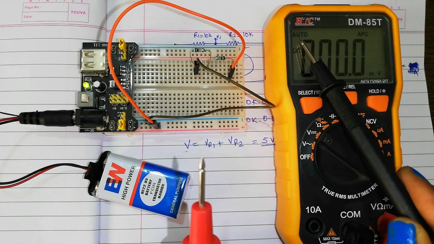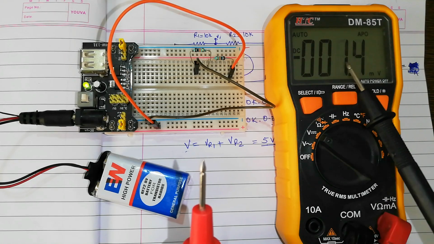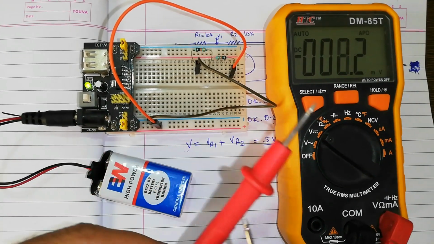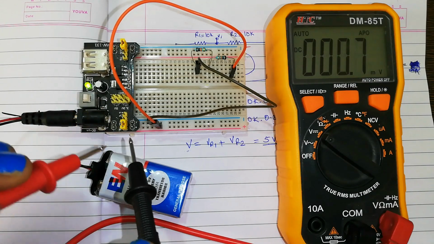I haven't selected the range, so I set it to auto, so it will automatically capture the reading based on the voltage. What I am going to do is measure the voltage delivered by the regulated power supply first.